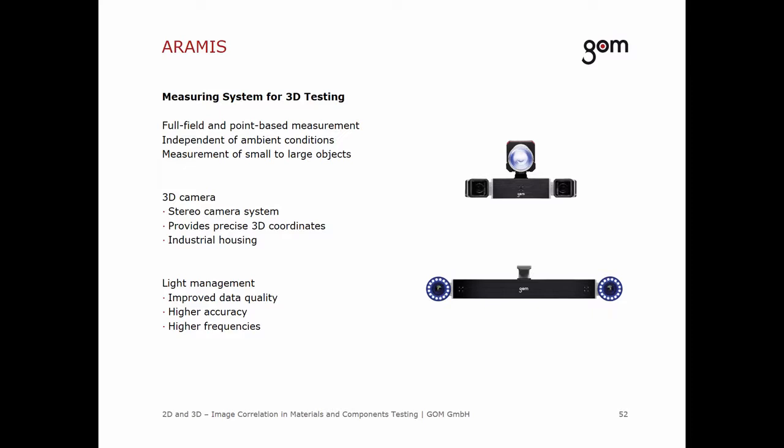But it is important to provide a proper illumination to ensure enough image contrast and to ensure short shutter time for faster motions. So 3D systems basically do have a stereo camera frame on which the cameras are mounted to provide enough mechanical stability and thus provide accurate 3D coordinates throughout the measurement.